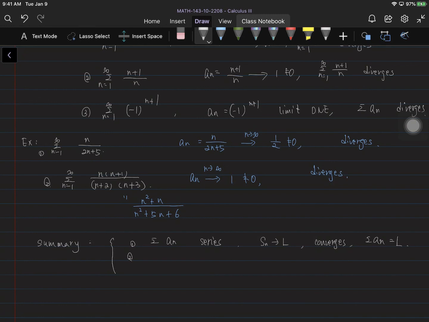And the second thing we learned is the geometric series and the telescoping series. Geometric series, the sum is a over 1 minus r when the absolute value of r is less than 1.